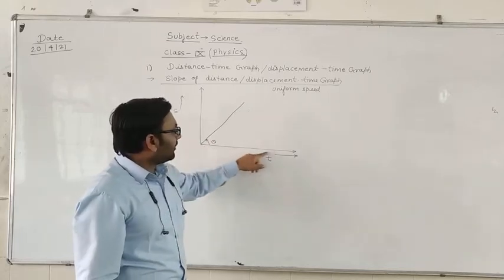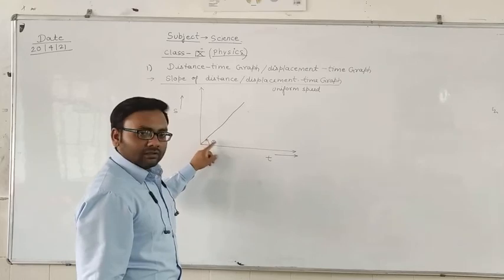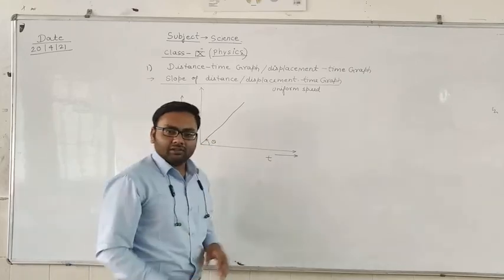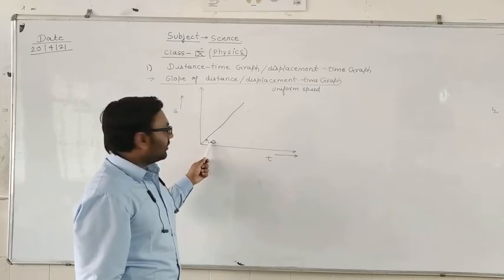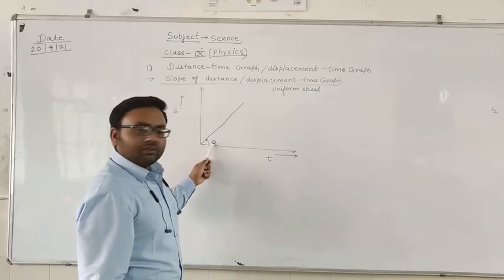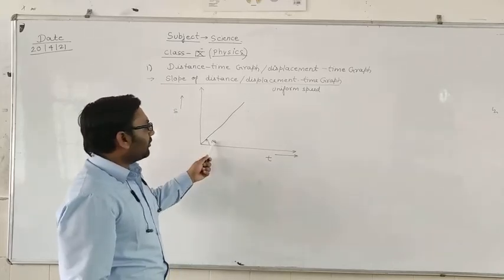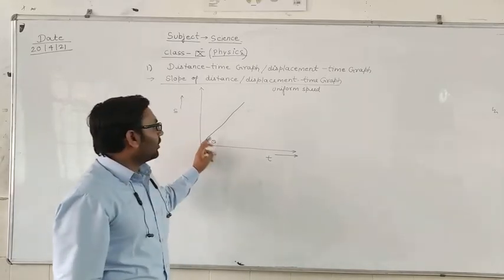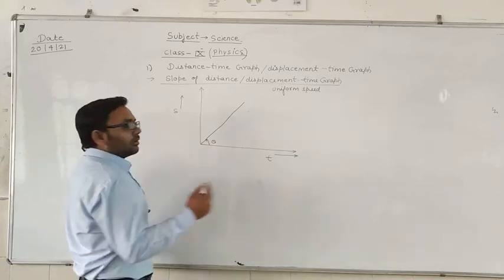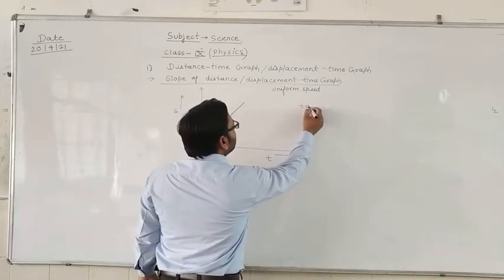This is our time axis and this graph is making some angle between 0 to 90 degrees. So this is called the angle or the slope. The tan of this angle theta is called the slope of the graph. Tan means the trigonometric function, tan theta.